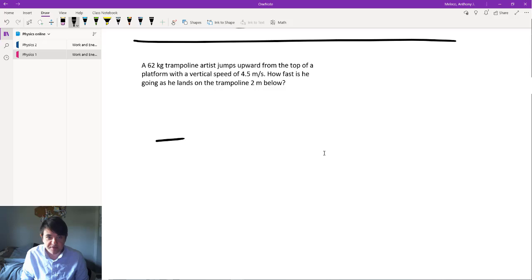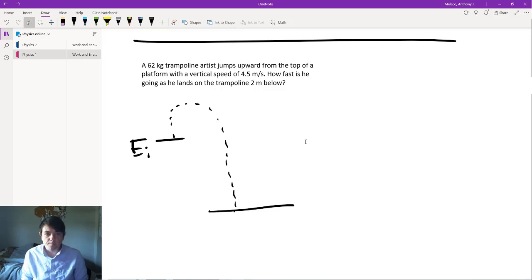So, how this looks. Okay. So this is his initial starting point, right? He's going to jump up, and then he's going to come back down. I'm going to call this y equals 0 down here.